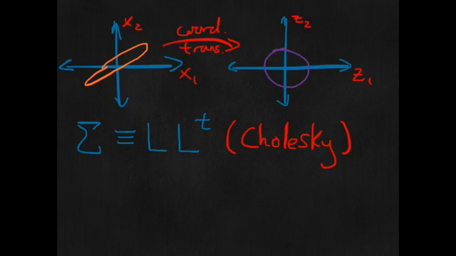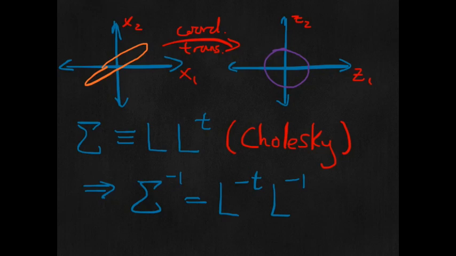And if sigma is L L transpose, it implies that sigma inverse is equal to L inverse transpose times L inverse, and I can be sloppy about whether this is the transpose of the inverse or the inverse of the transpose, because it turns out that those two are the same. You can prove that.